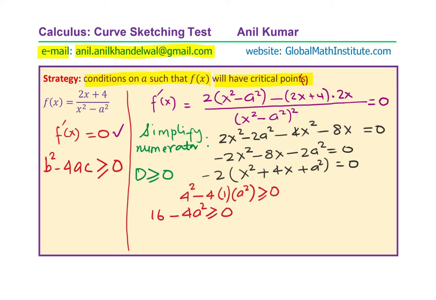Or we can say that 4a squared is on the other side, less than or equal to 16. Now if I take square root, in that case, what do I get? So square root both sides. Now look here, we are doing square root both sides.